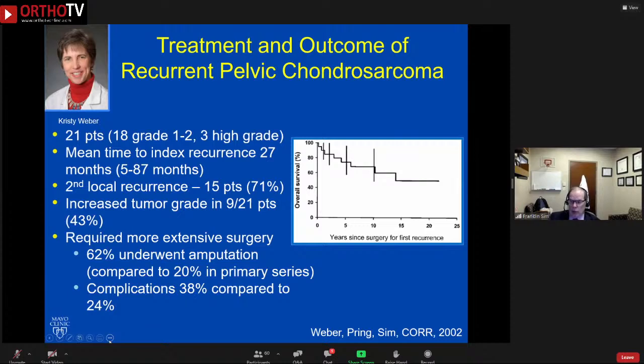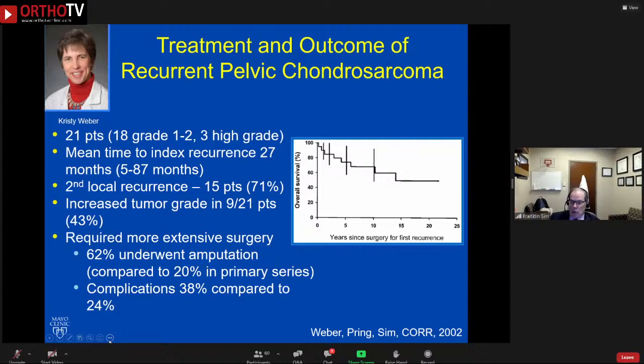The mean time to recurrence in the pelvis was 27 months, but patients in this area require long-term follow-up. Despite efforts to achieve good margins to prevent recurrence, 70% had a second recurrence. And of those, there was increased tumor grade in 9 of the 21 patients. There were 3 at the index recurrence and 6 subsequently.